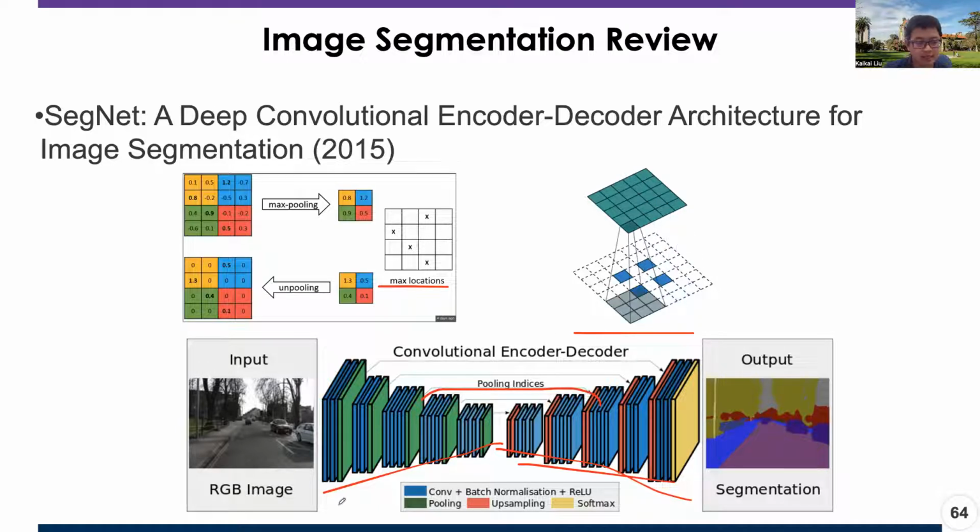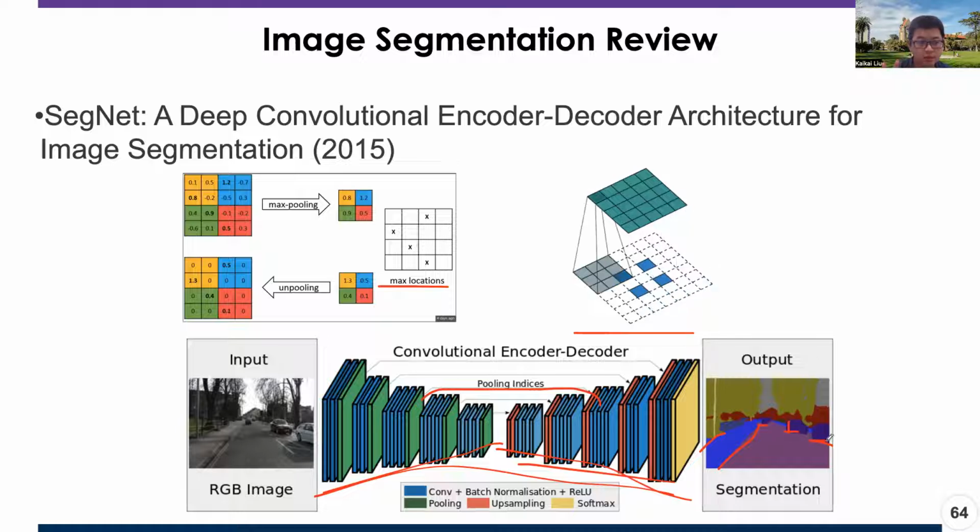That's why segmentation usually has this kind of architecture. And the results look like this: this is a road, this is a curb area, this is a car. Now you can see all the cars use the same color in the segmentation, so it didn't detect the individual objects. It just classified all the pixels as belonging to which category. If it is a car, then all the cars use the same pixel color.